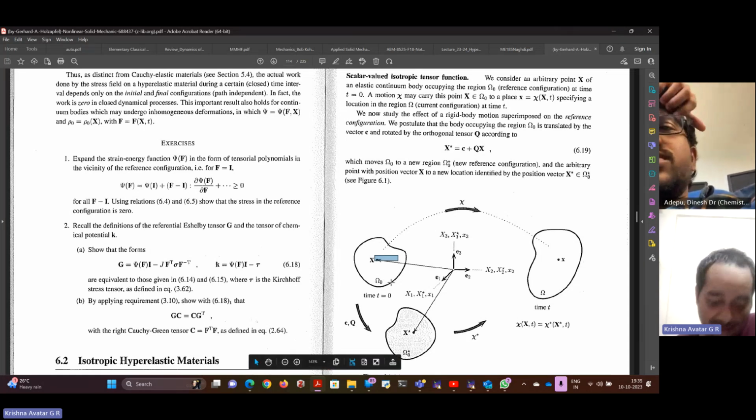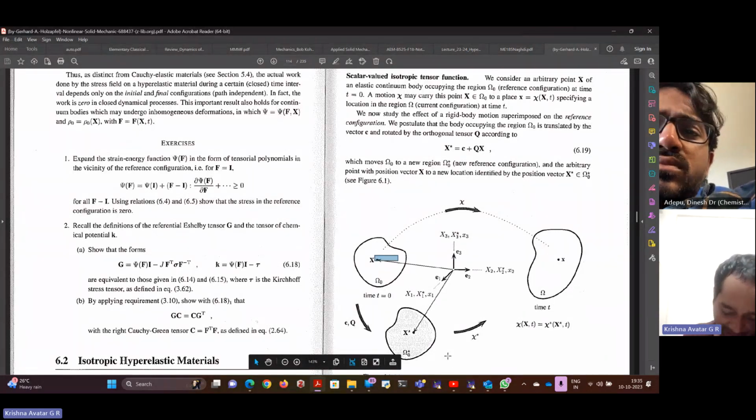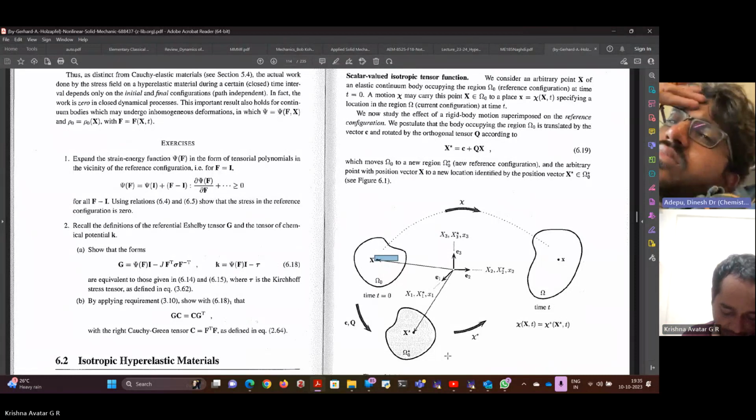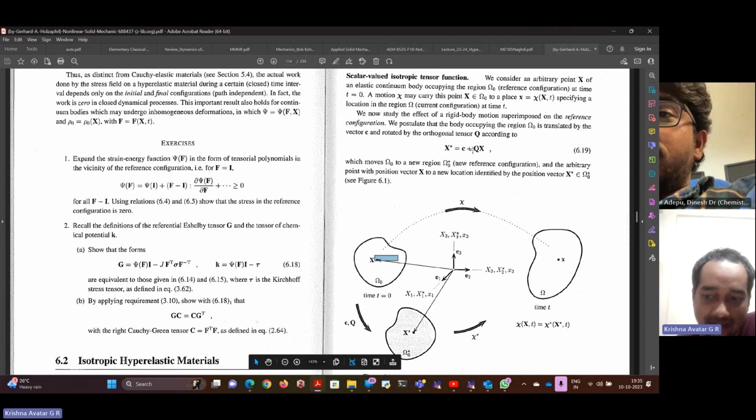So actually there should not be any pre-reference. I should call it an intermediate configuration. So we are first doing some intermediate configuration, which is given by x star equal to C plus QX.